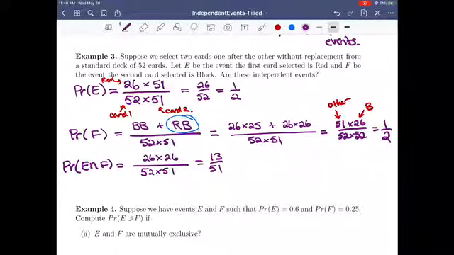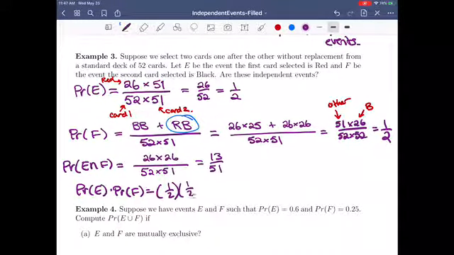Now we want to check. We take the probability of E and multiply it by the probability of F. That's 1/2 times 1/2, which is 1/4. Is that the same as 13/51?